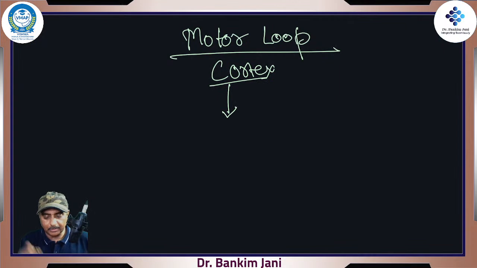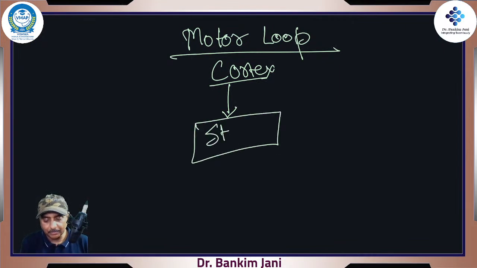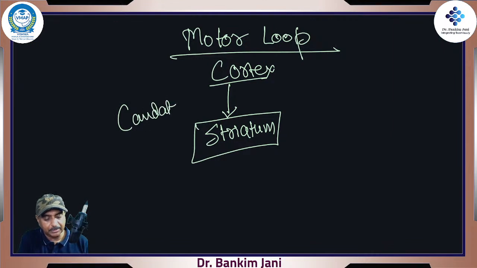This cerebral cortex will be talking to the striatum, not the corpus striatum. It will be talking to the striatum. And in the striatum, we know that this is what? It is the combination of caudate plus putamen, right? Caudate plus putamen.